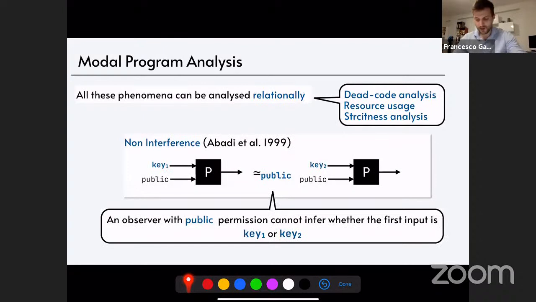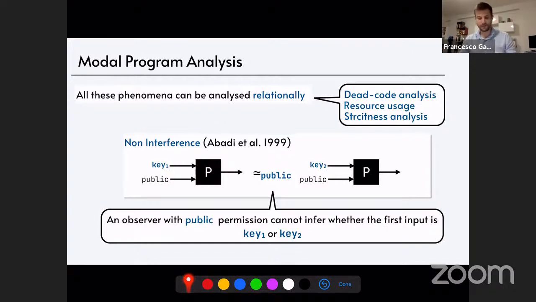So for instance, if we come back to our example of information flow, we have the notion of non-interference, which has been introduced by Martin Abadi and collaborators, which states that a program has the non-interference property if whenever I change a secret input, so suppose that the program takes as an input a secret key, and I change this key with another one, K2, let's say, then the result of the program is essentially the same from the perspective of a public user.